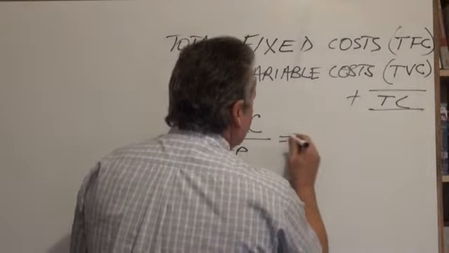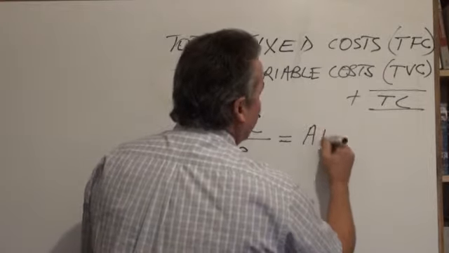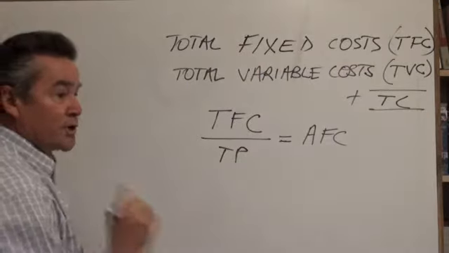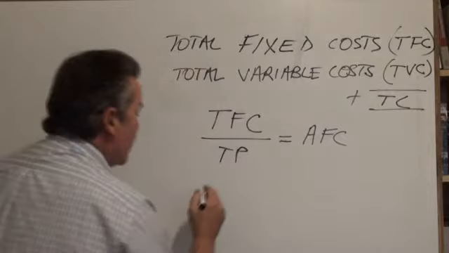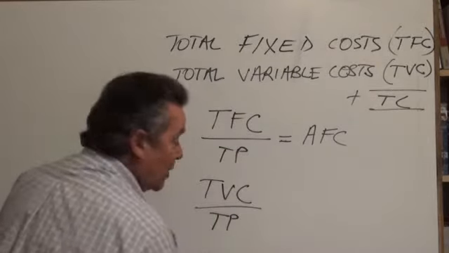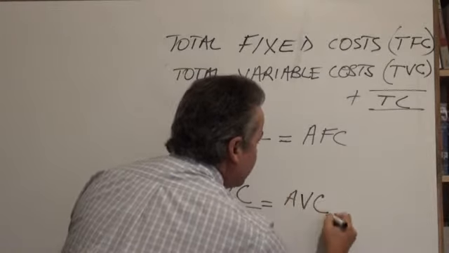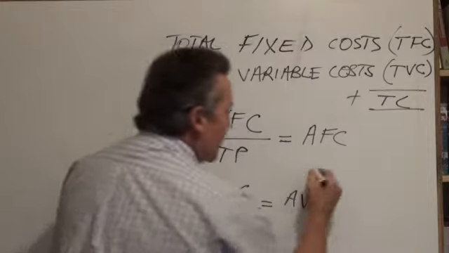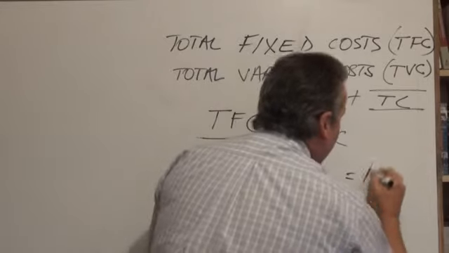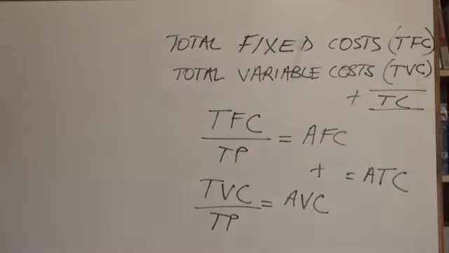So TFC divided by our quantity of output, TP, will give us AFC, average fixed cost. Do the same for our total variable costs, TVC, divided by the quantity of output, TP. What will we get? We'll get AVC, average variable costs. Add the two together, what have we got? Not surprisingly, we've got ATC, average total cost.